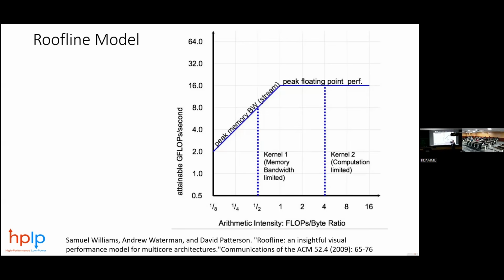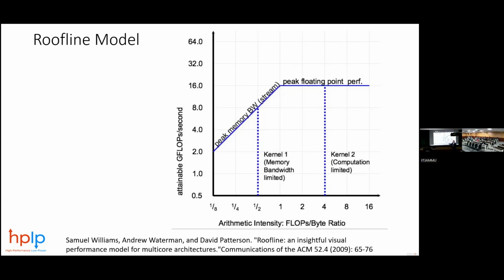Now, in order to do the computation, you also need to bring data from memory, and that's where the memory wall comes in. In order for me to be at that peak processing performance, I need to have the data ready when the processing happens.